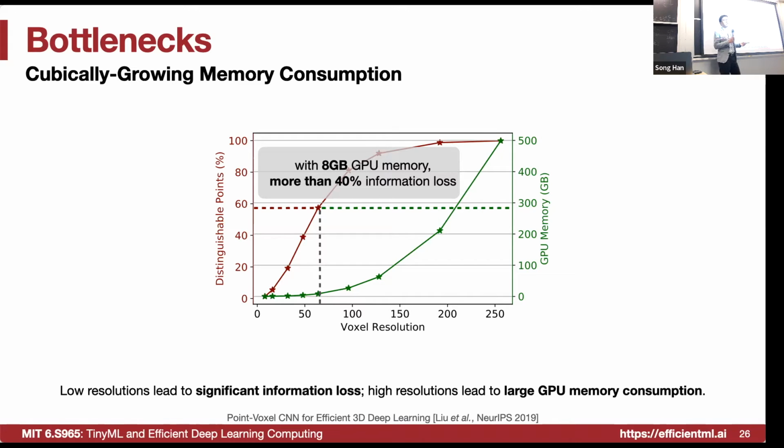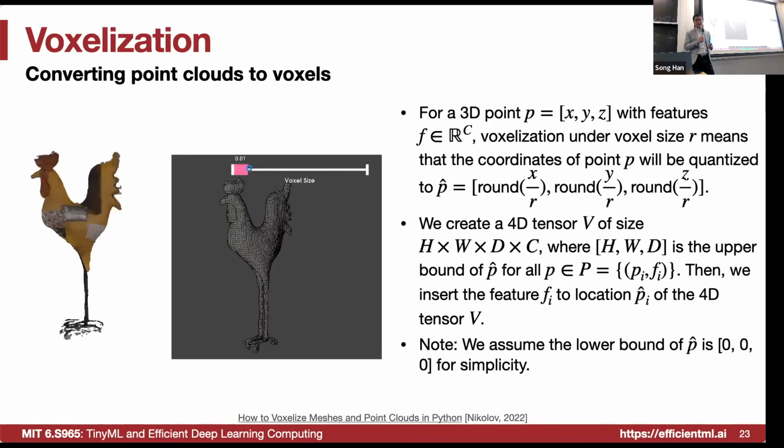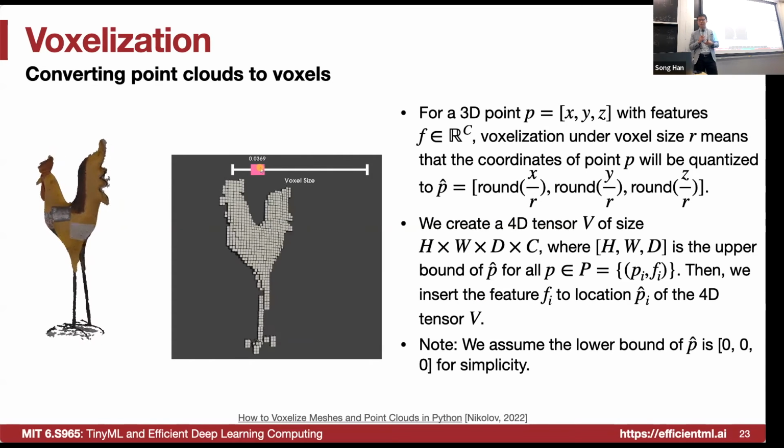But if we have a smaller resolution, for example only like 50 or 100, the number of distinguishable points is going to decrease very sharply. If you have a very coarse granularity, just like this example, lots of points are merged together and cannot be distinguished.